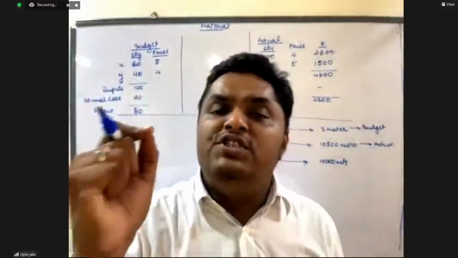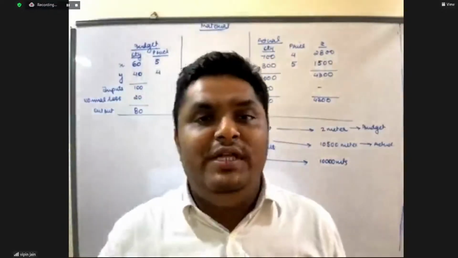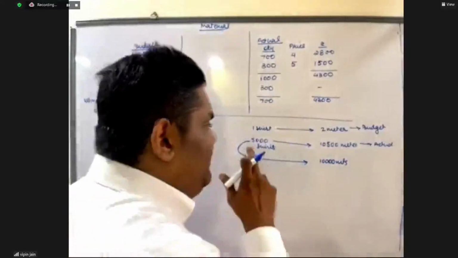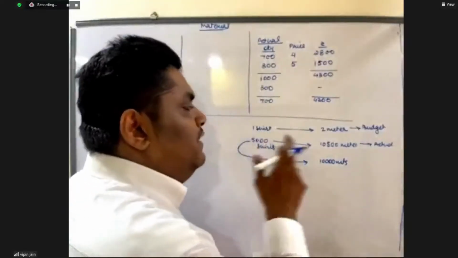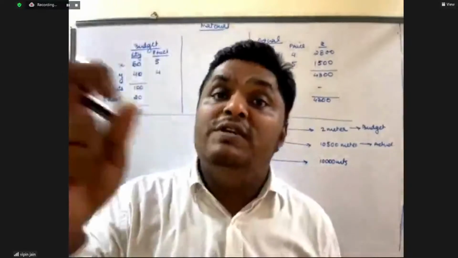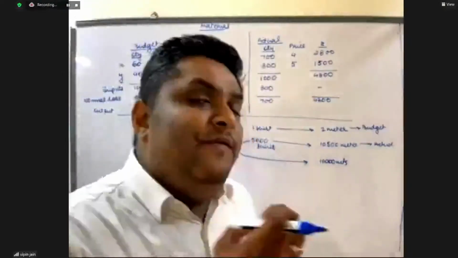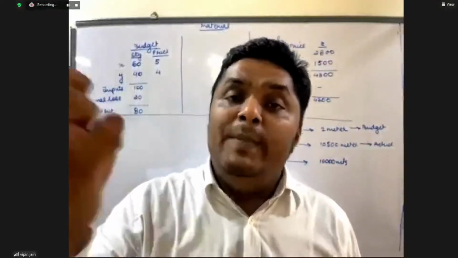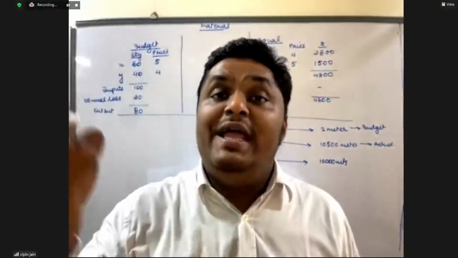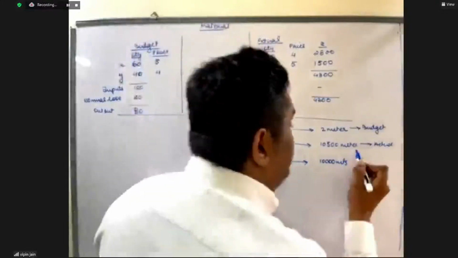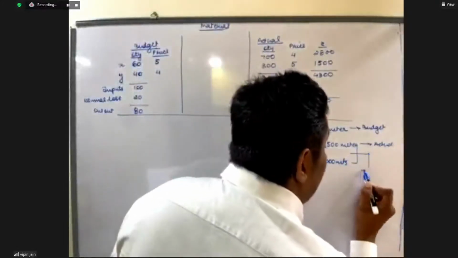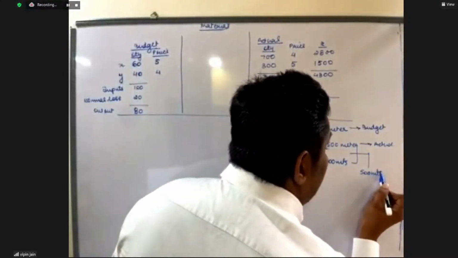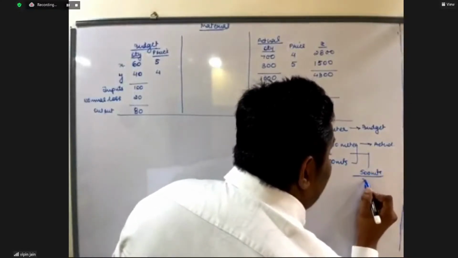But for manufacturing these 5,000 shirts, we actually consumed 10,500 meters. It means the work was supposed to be completed in 10,000 meters, but I actually consumed 10,500 meters. How much extra? 500 meters extra. So that is what we call the variance.